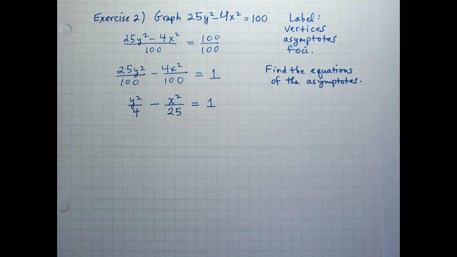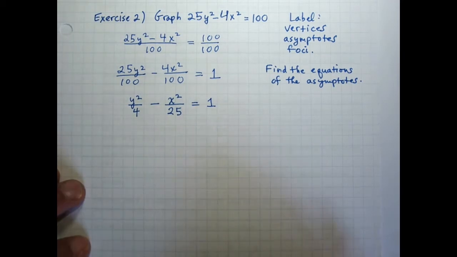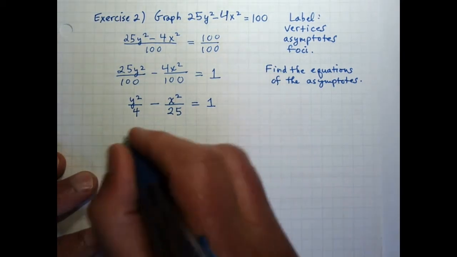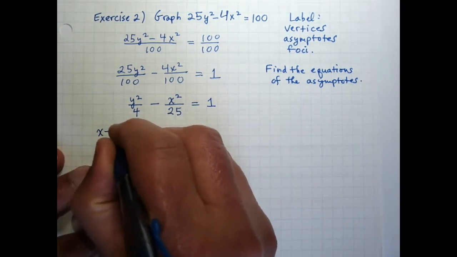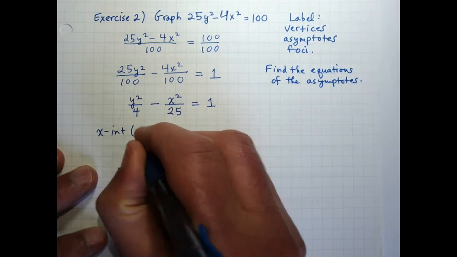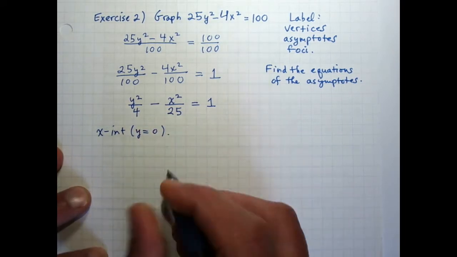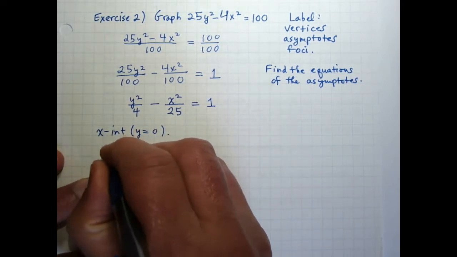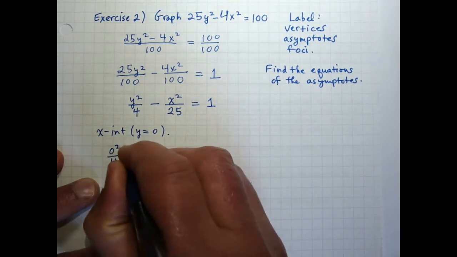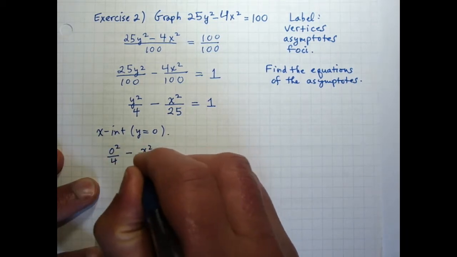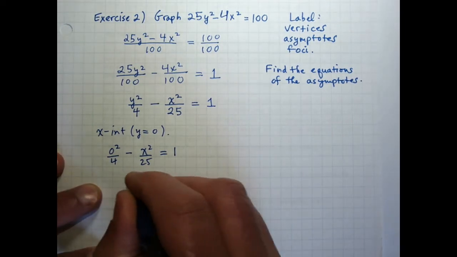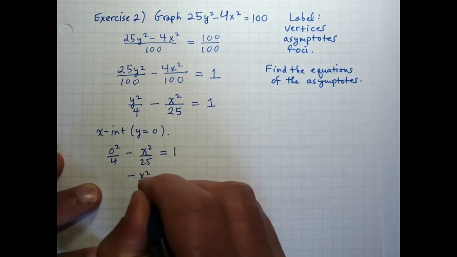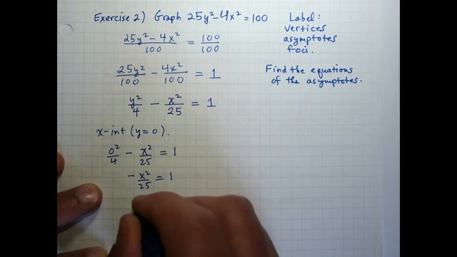Now I'm going to approach this naively, and I'm going to pretend like I don't know. So if I'm looking for x-intercepts, I would set y equal to 0. And if I set y equal to 0 in that equation, 0 squared over 4 minus x squared over 25 equals 1. So I get minus x squared over 25 equals 1.